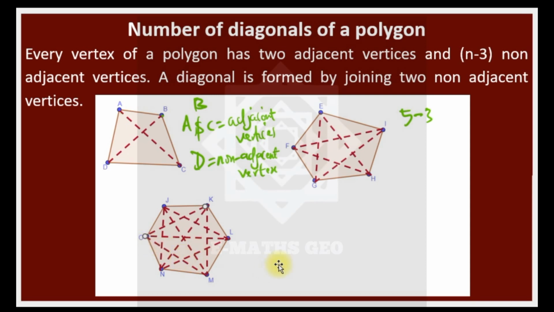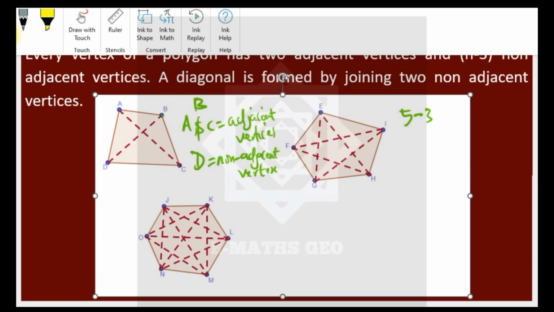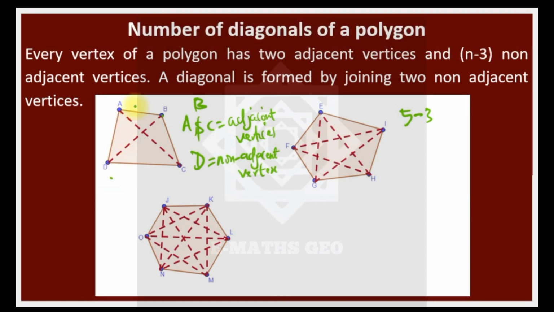So let's now count. You notice we have something that we'll get a formula from this. So for the first, for this quadrilateral, what do you notice? We have 4 sides.